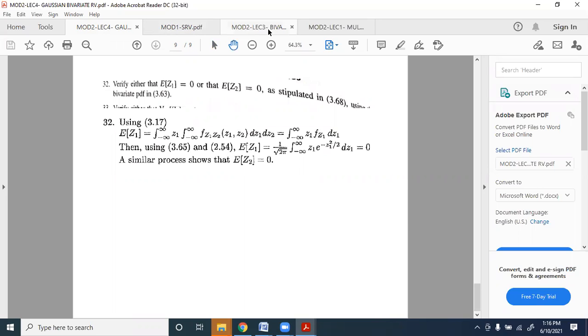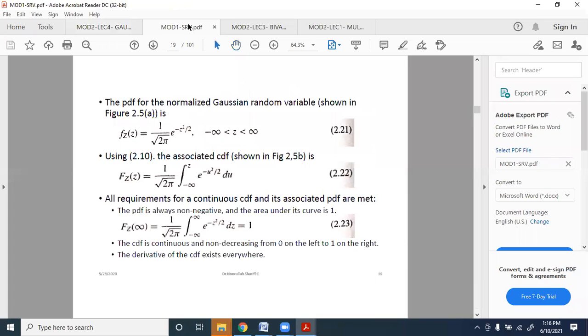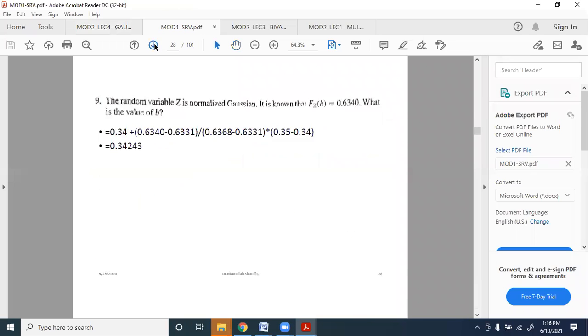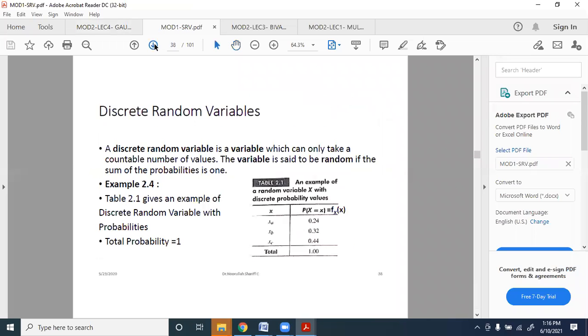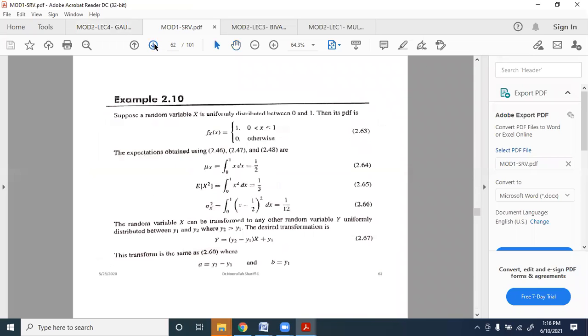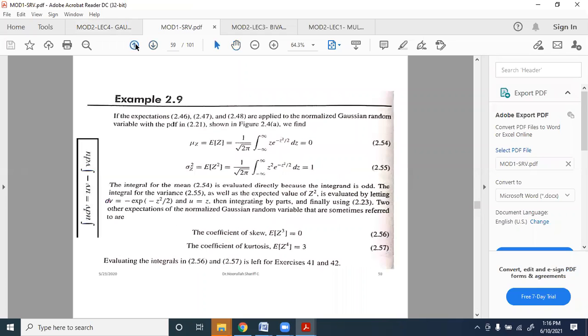2.54 is the equation which is there somewhere here. This is 2.54, right? E of z is equal to 1 by root 2 pi, the integral from minus infinity to infinity of z e to the power of minus z squared by 2 dz, equal to 0, right?